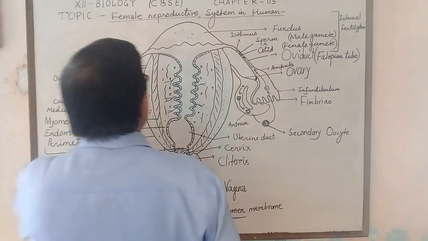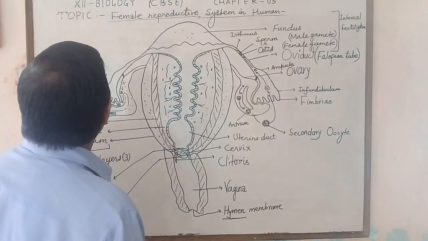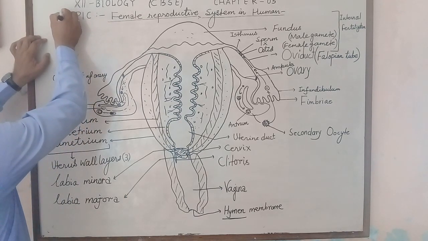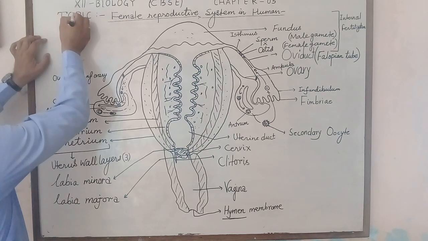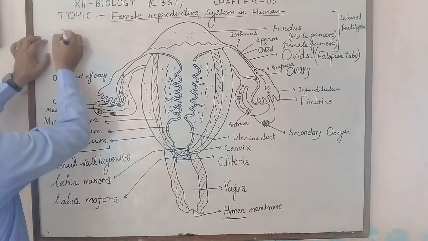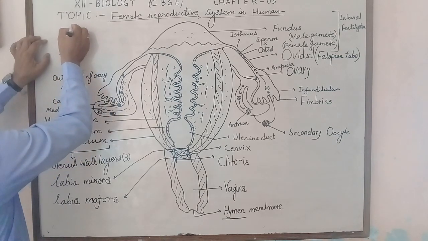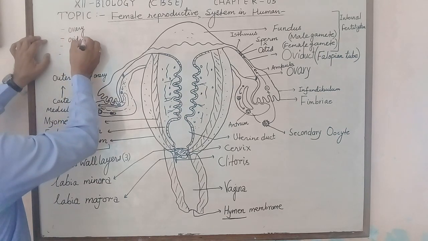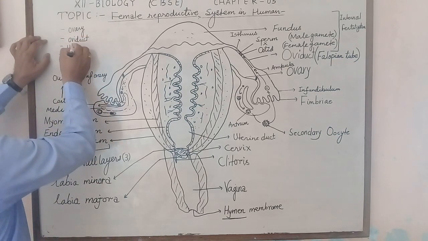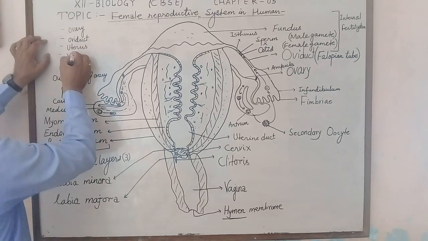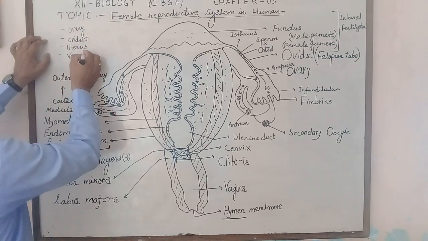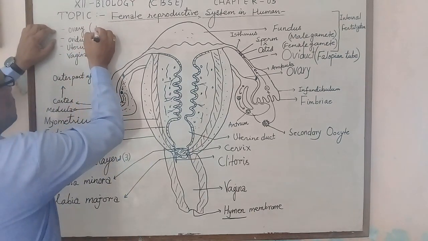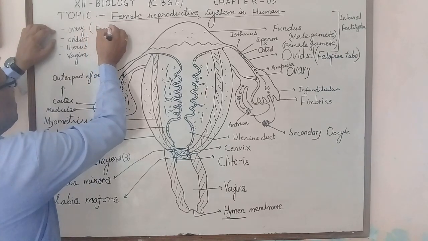Here the female reproductive system has many parts, and the important parts are the ovary, oviduct, uterus, and vagina. The ovary is also called the female gonad.